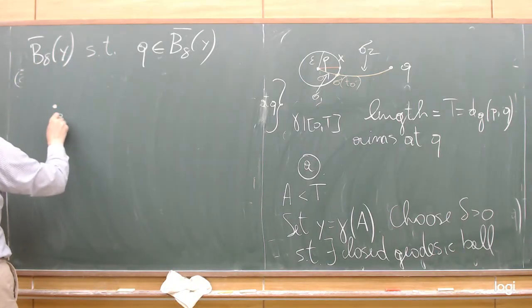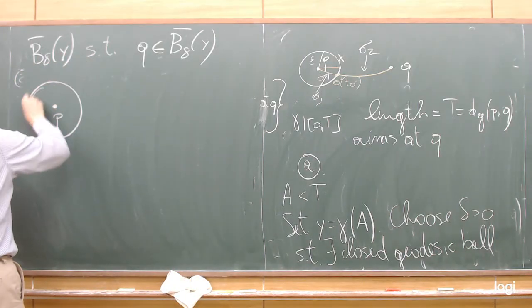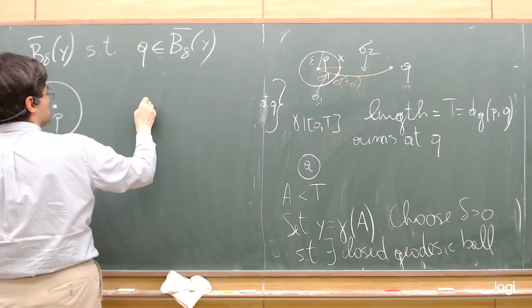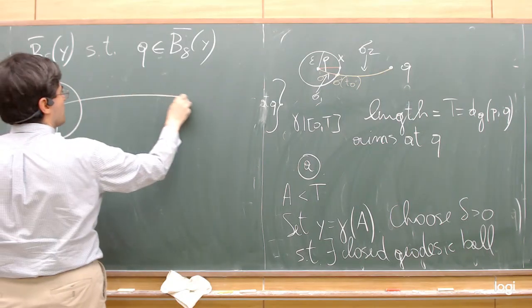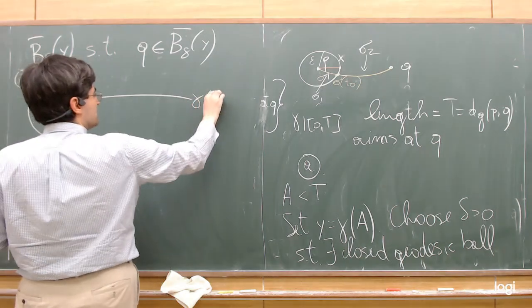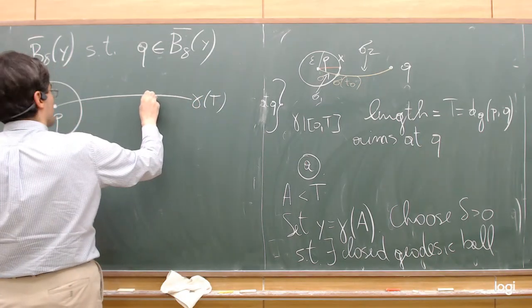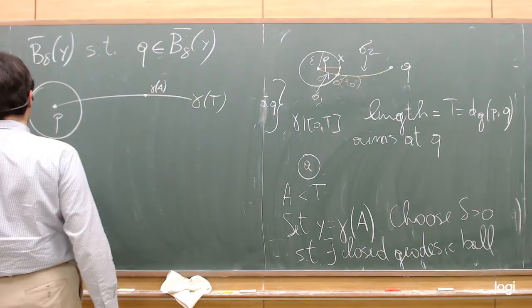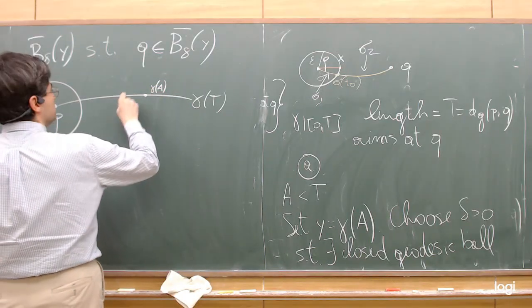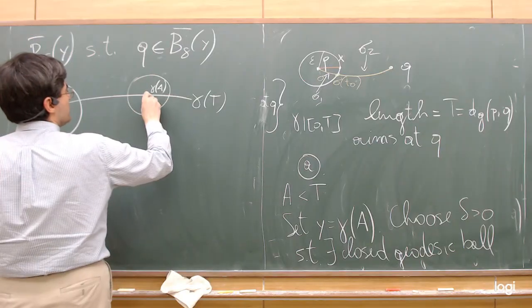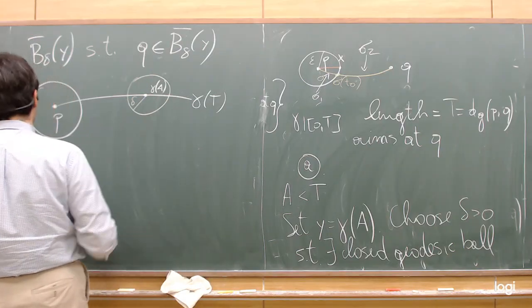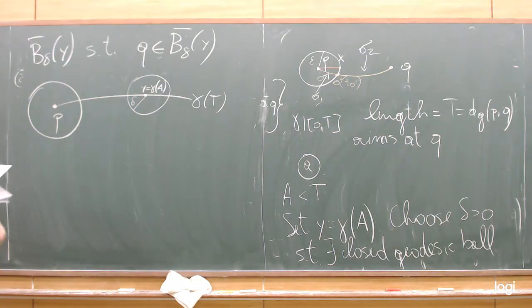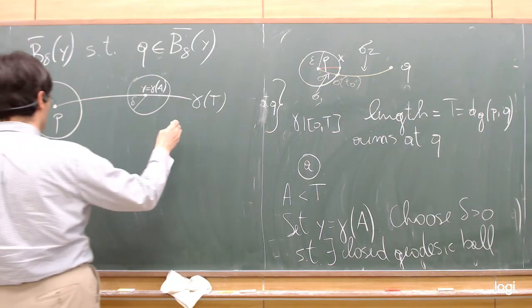So if this is P, this is gamma of T, this is gamma of A, this is delta, and Q is here.